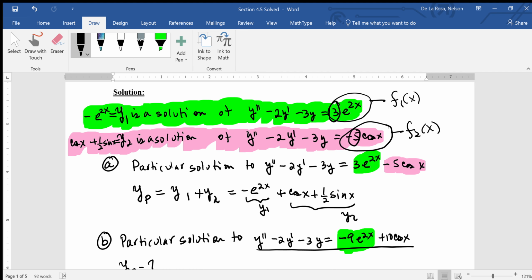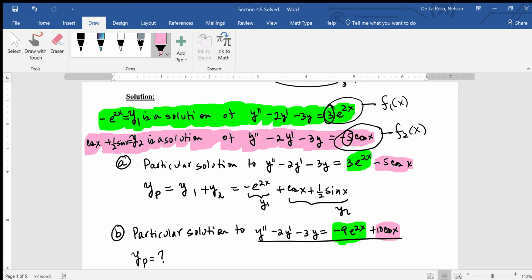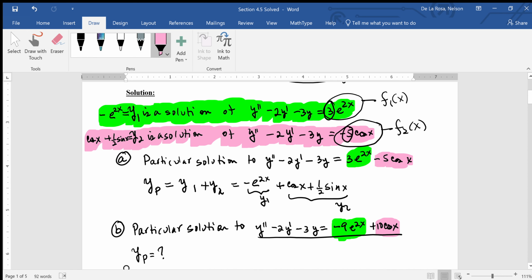So f1 is similar to the first term on the right of the second equation we have to solve, and f2 is similar to the second term on the right for the second problem. So the question is, how can we obtain a negative 9 from a 3? And how can we obtain a 10 from a negative 5?